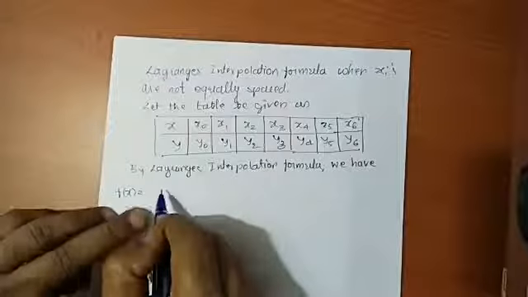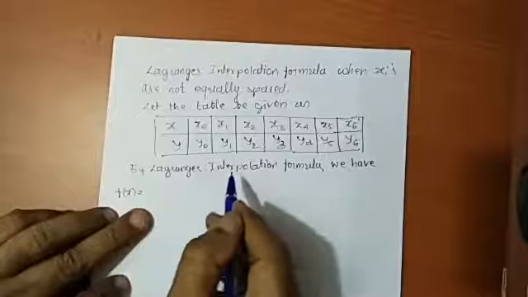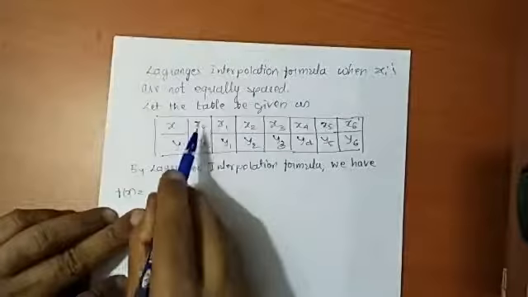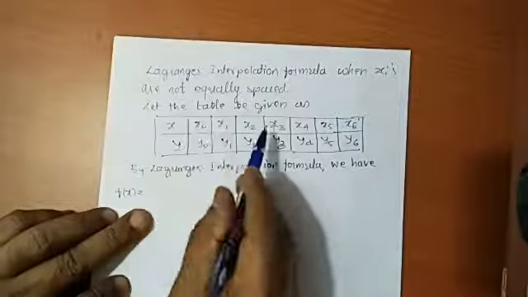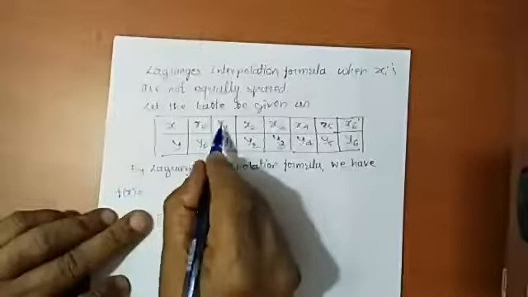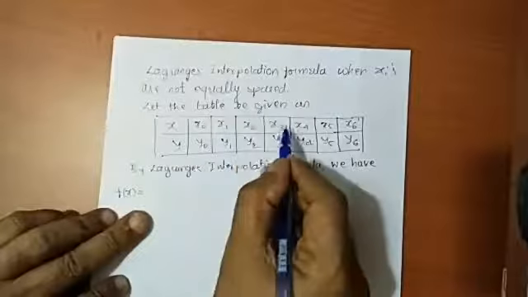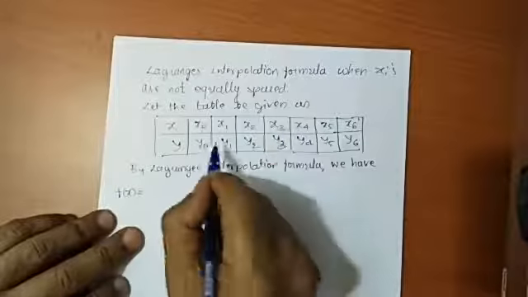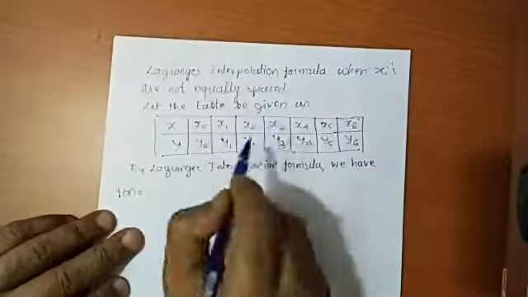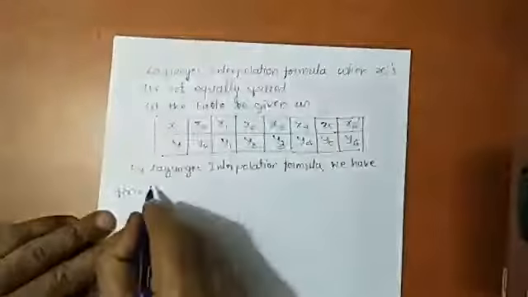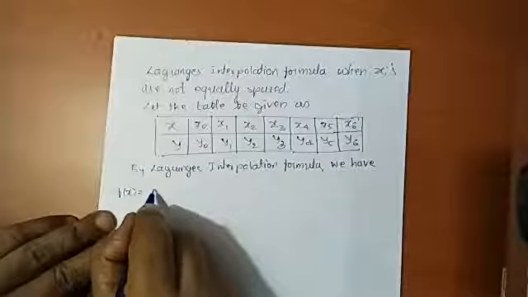It is x minus x1, x minus x2, x minus x3, like that. So in the first term, the x minus x naught term will not be there. Rest of the other terms will be there, like x minus x1 into x minus x2 into x minus x3, and so on. In the second term, the x minus x1 term will not be there. All other terms will be there. It is the product of all other terms. Right? I'll write. Now you will come to know.